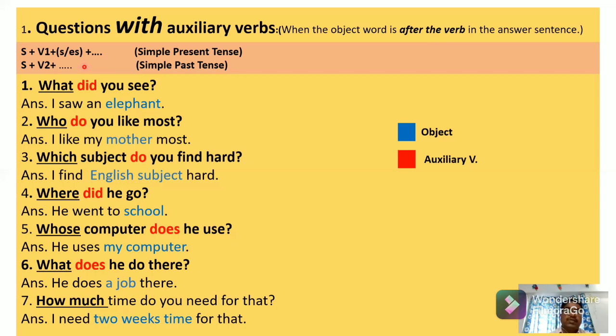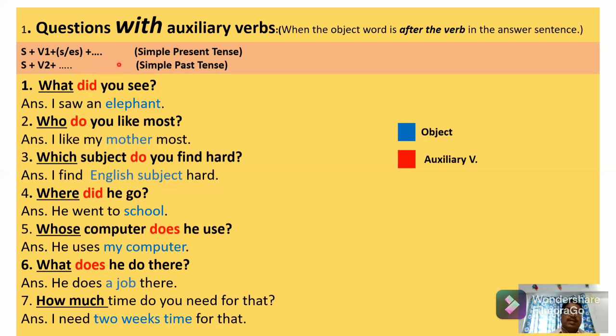In present tense, we use do and does to make the question, since there is no auxiliary verb in the present tense. And in past tense, we use did as the auxiliary verb, since there is no auxiliary verb in the simple past tense. We use did in past tense, and either do or does in simple present tense according to the subject.